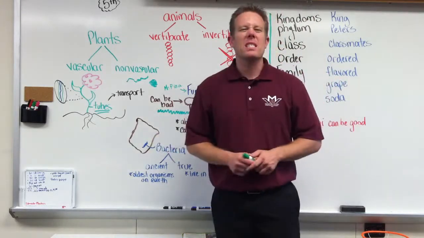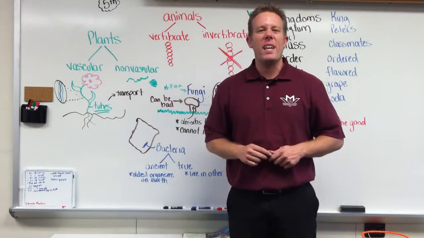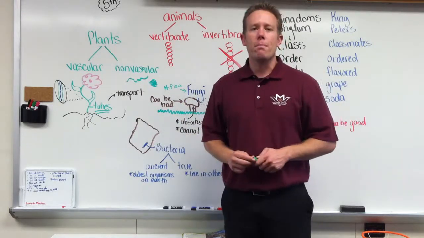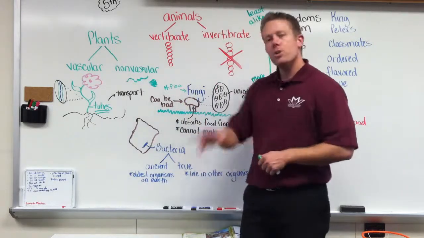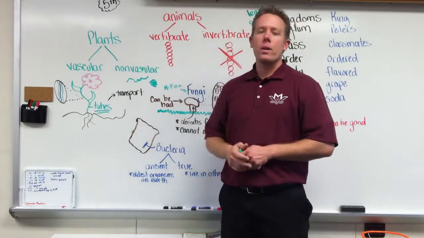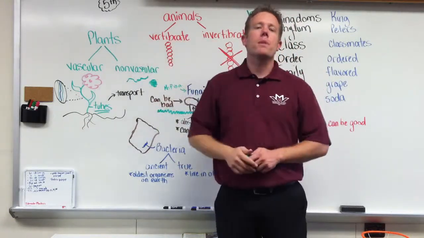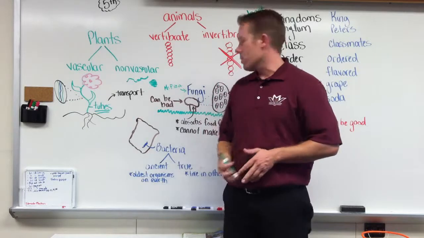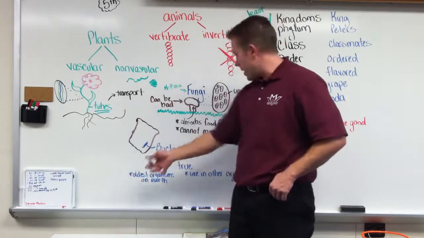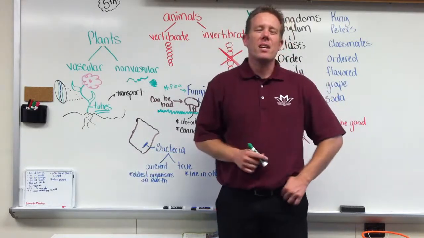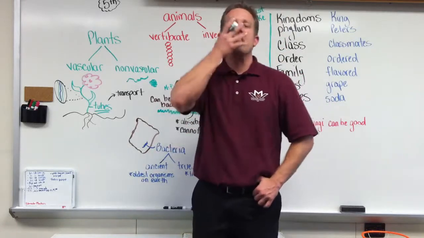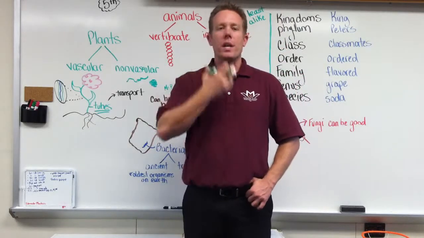Bacteria, sometimes that's the stuff that you see on your bread. It starts to look blue and moldy. There are 2 main categories for bacteria, just like there were 2 main categories for plants and animals. You have ancient bacteria and true bacteria. True bacteria is the stuff that lives inside of other organisms.